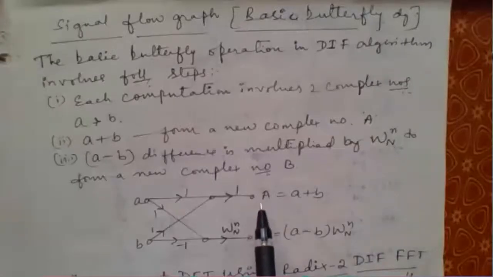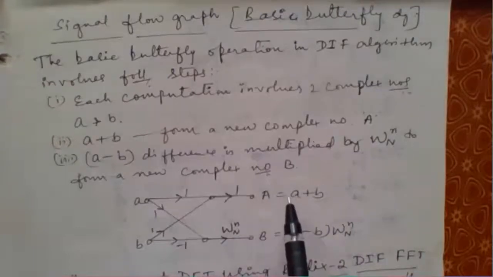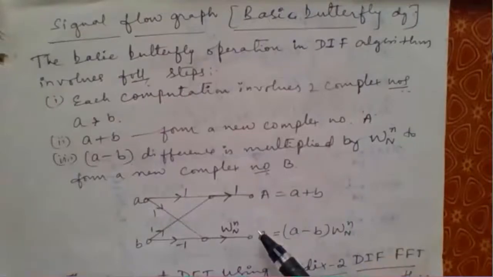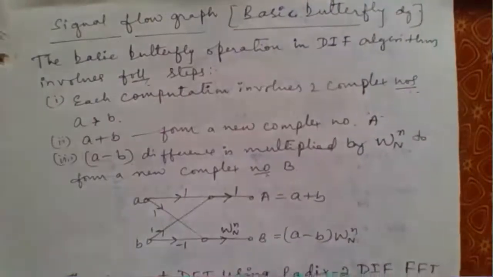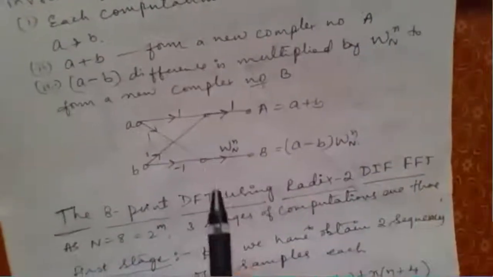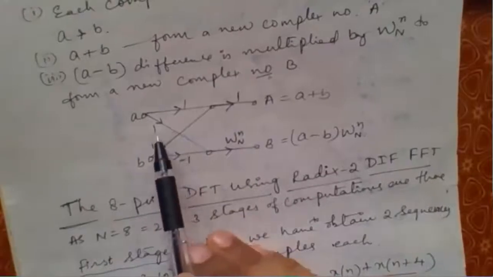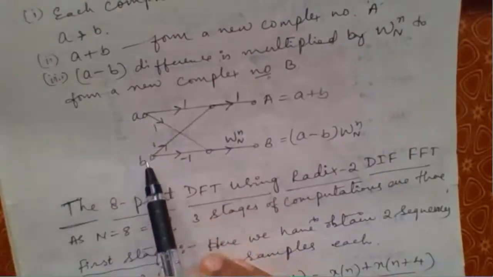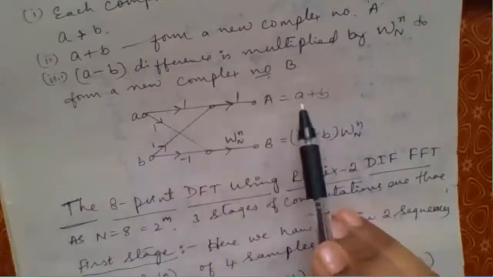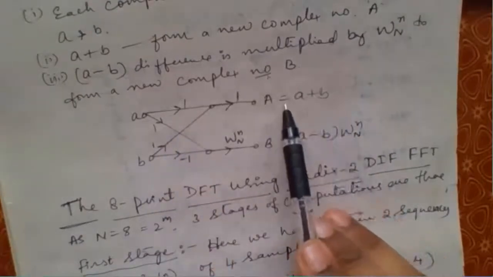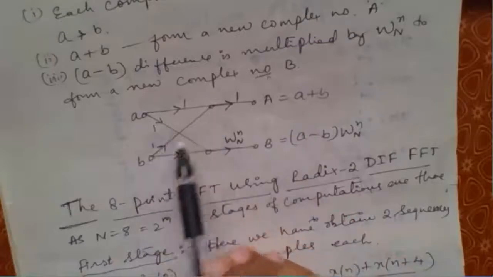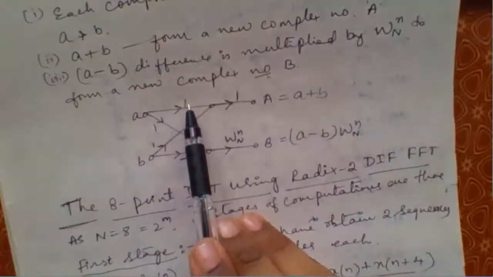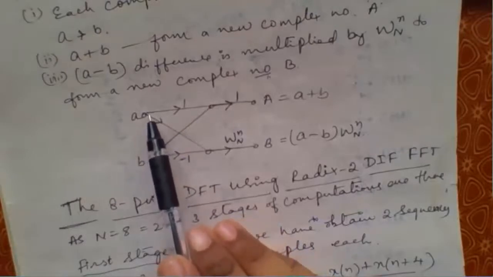So with this information we now have the basic butterfly diagram for the DIF algorithm. In the basic butterfly diagram, you first write the signals A and B. Then what we have to show is A plus B as one complex number, so obviously the branches carry the weight 1.